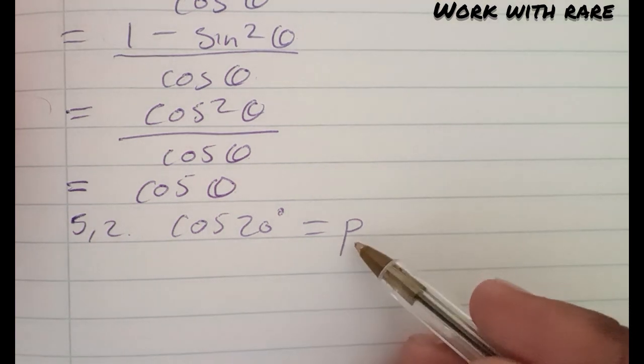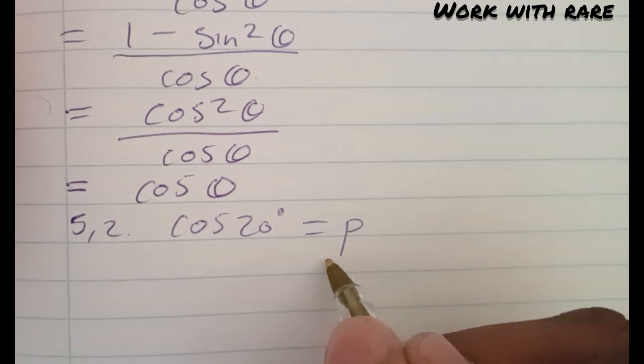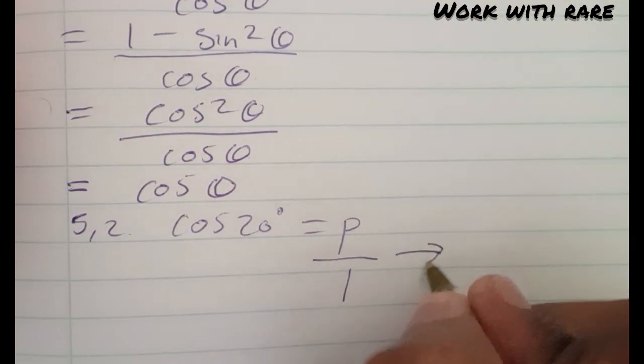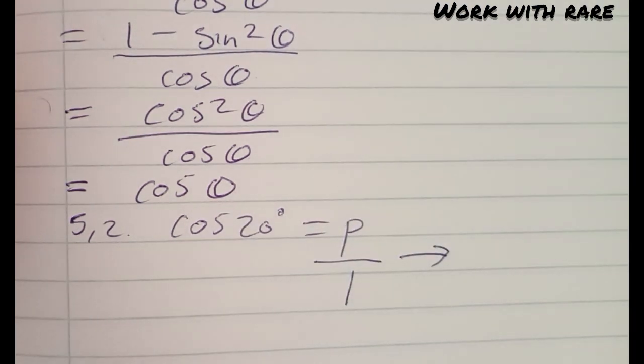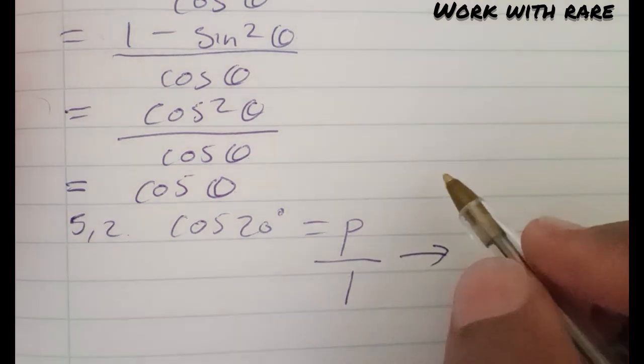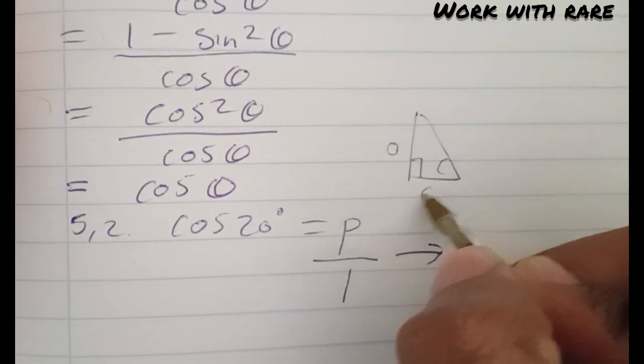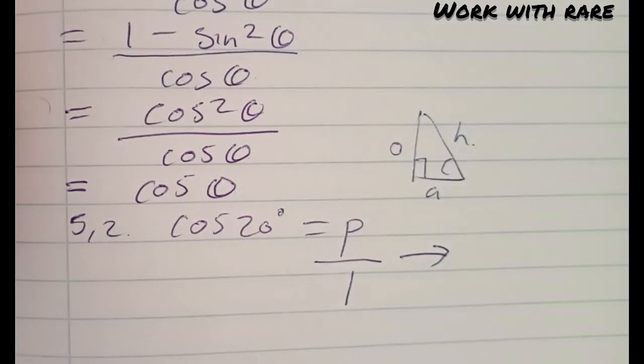remember here we are given P, right? So we'll have to say P over 1, because any number divided by 1 is the same number. Any letter divided by 1 is the same letter, okay? So as we know that cos is adjacent over hypotenuse, and remember from our triangle here, opposite is this here, adjacent this here, hypotenuse is here.